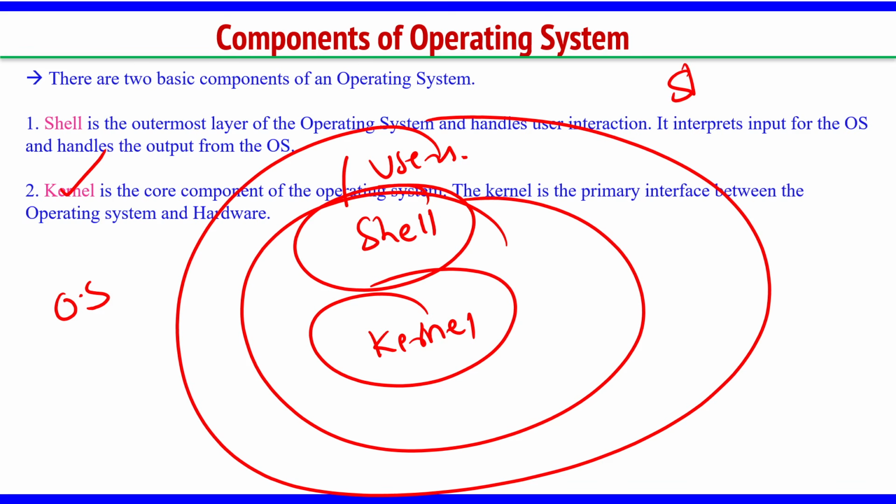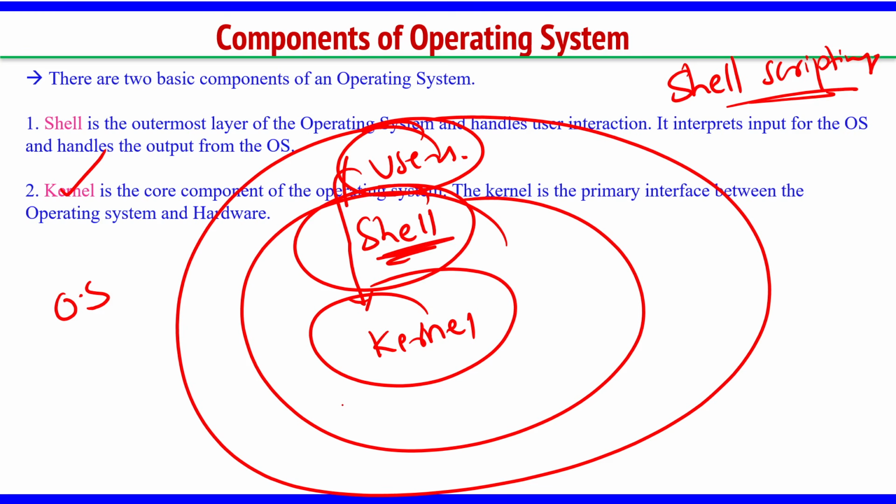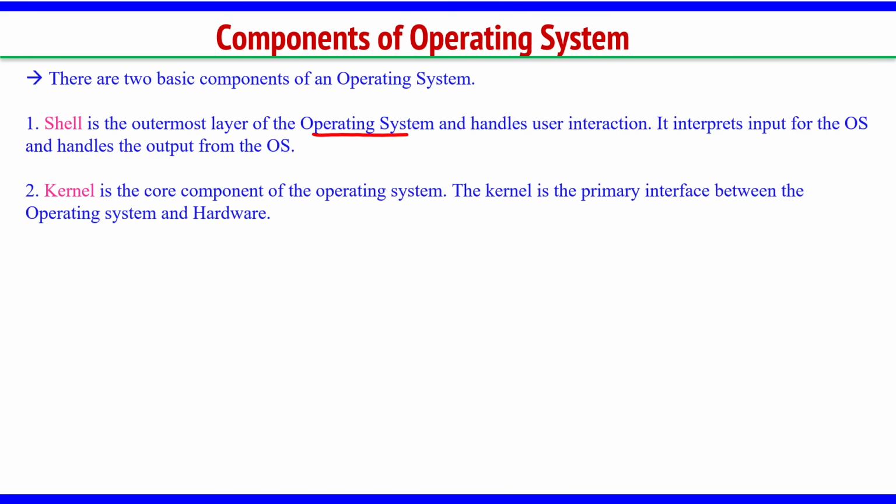So we have something called shell scripting. It's kind of a programming language. Using this, users will be giving some commands. The shell will take that command and give it to the kernel. Kernel understands only the shell. So the shell is the outermost layer of the operating system and handles user interaction.